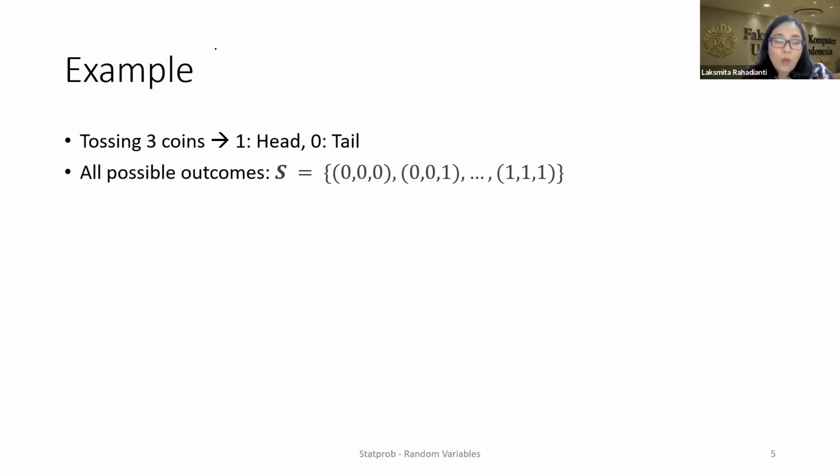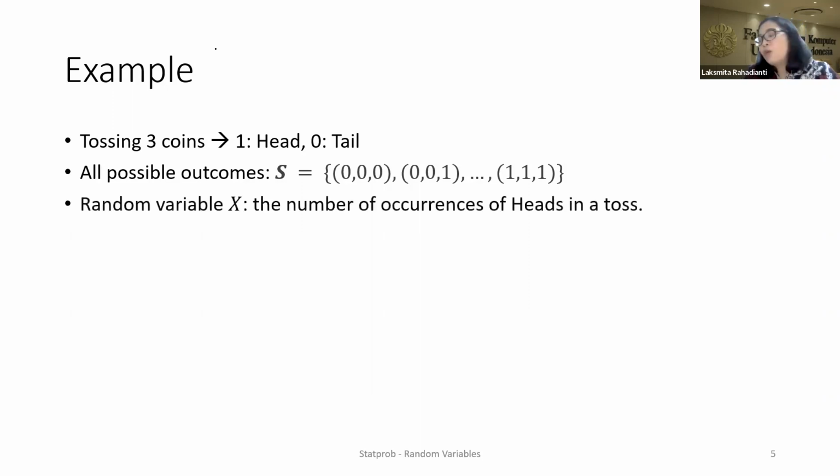I don't care if the 1 is on the first coin, the second coin, or the third coin. I only need to know the number of heads in one toss. So I have 3 coins, I toss them, and I only need to know the number of heads that come up.